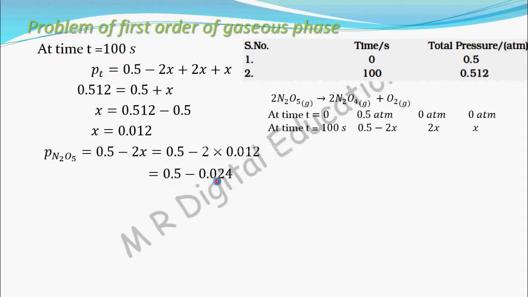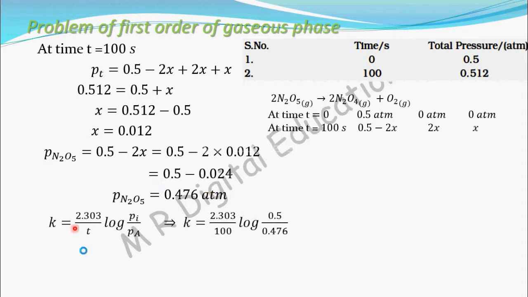So 0.5 minus 0.024 is 0.476 atmosphere. So the pressure of N2O5 after 100 seconds is 0.476 atmosphere. Now you got Pa and Pi, so you can easily find the value of K.